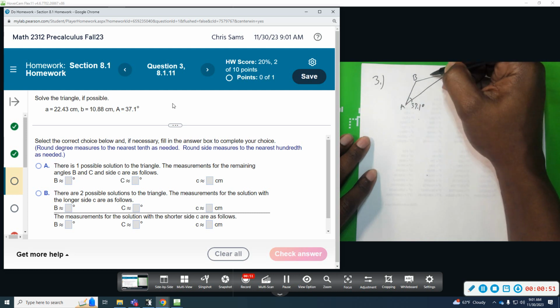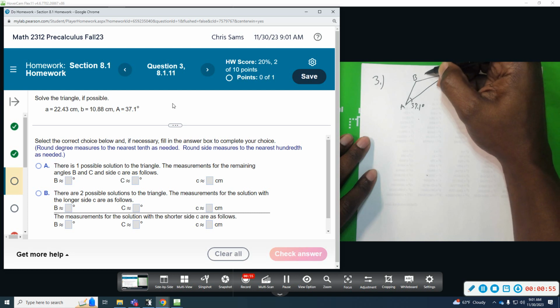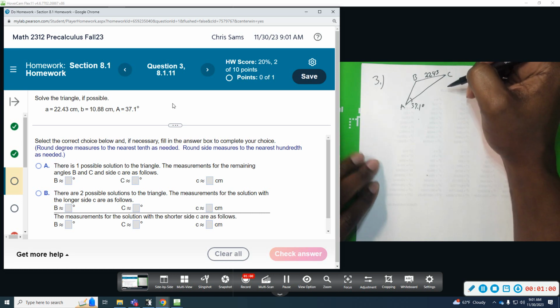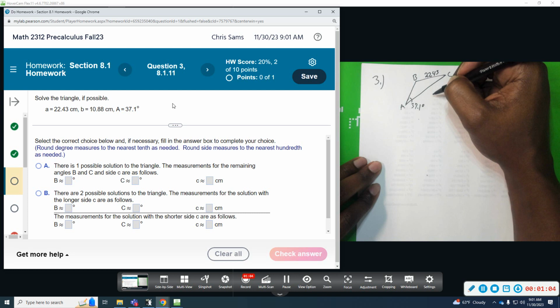Side A is opposite of that, which is going to be 22.43. And then we're given side B, which is opposite of angle B, 10.88.